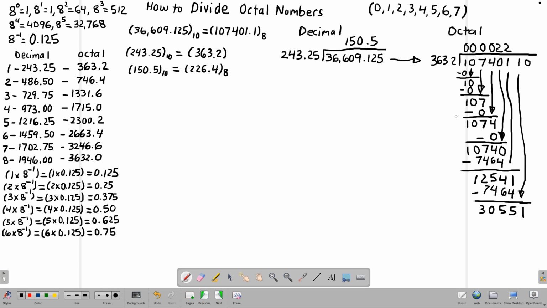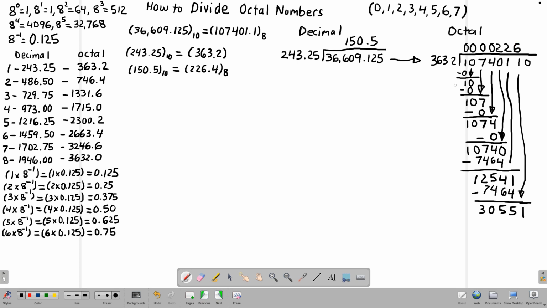So we look at that value, 30,551. We look towards the chart, and we can see that 30,551 is less than 32,466. So that says that the value 3632 goes into 30,551 in octal 6 times. So we'll put a 6 here.